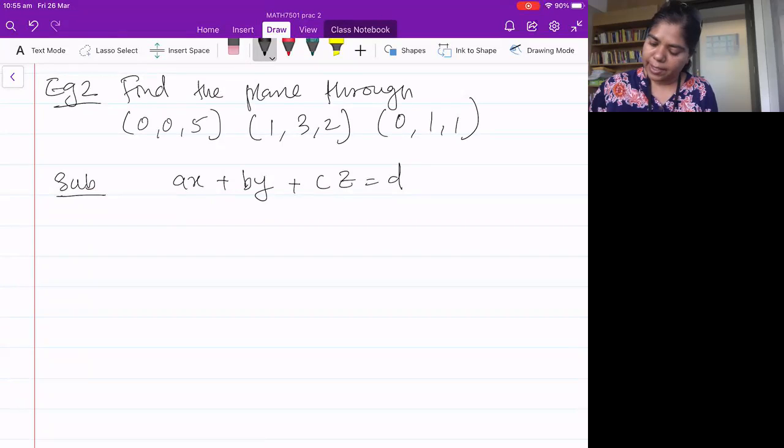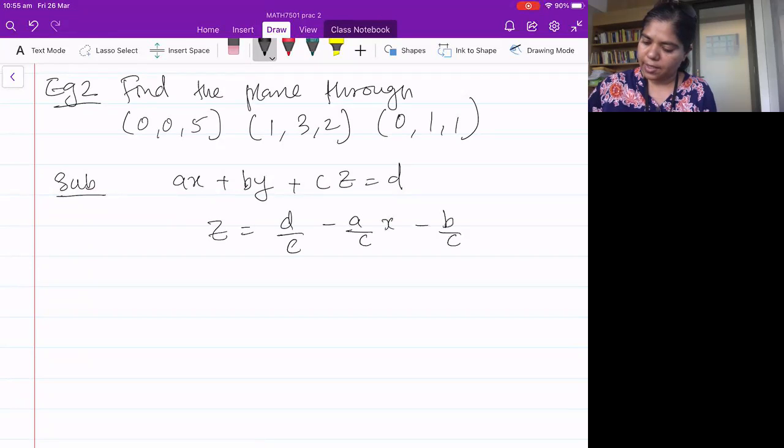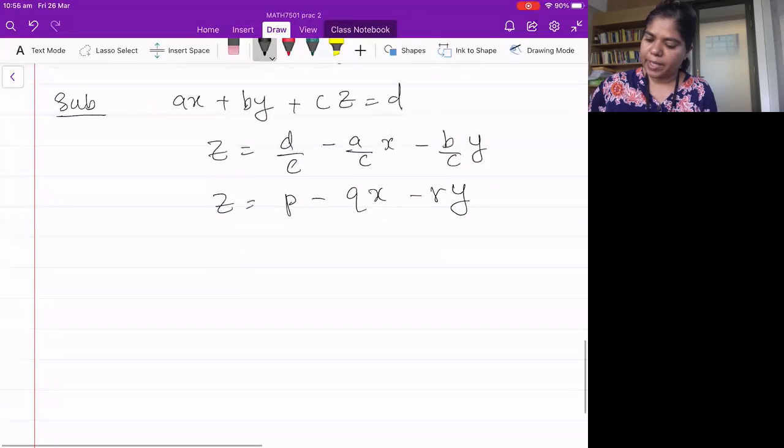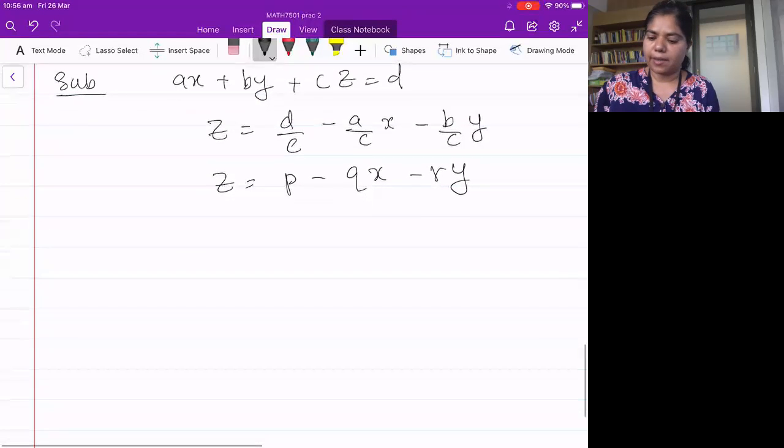But it would be easy if you rearrange this equation to make z the subject. So that would give us z equals d over c minus a over c x minus b over c y. You could call these p, q, r. P, q, r are real numbers again.